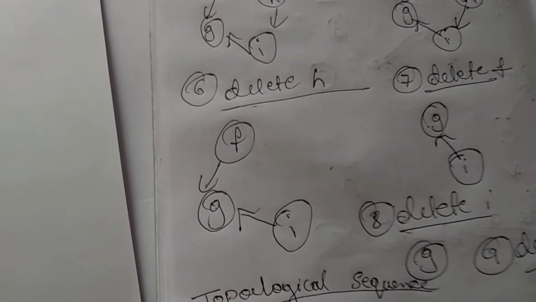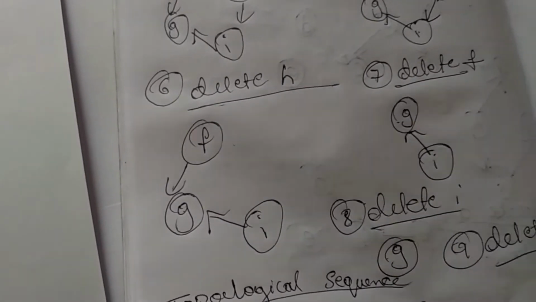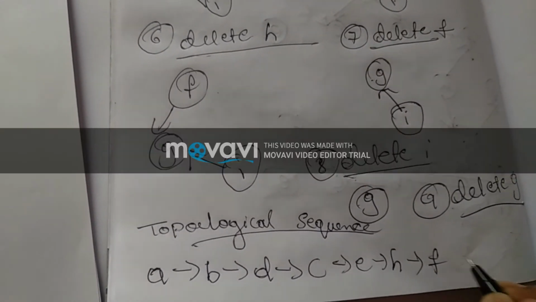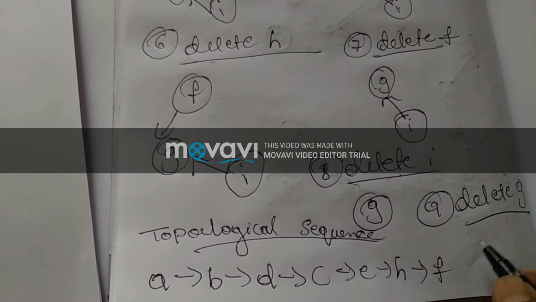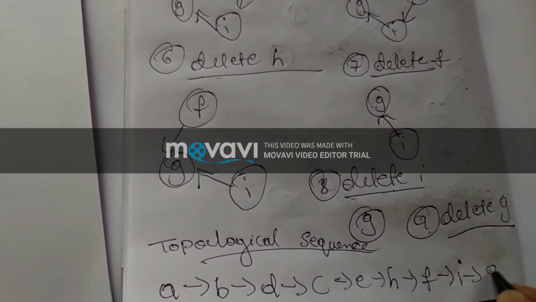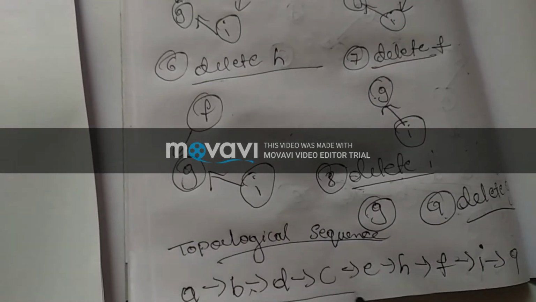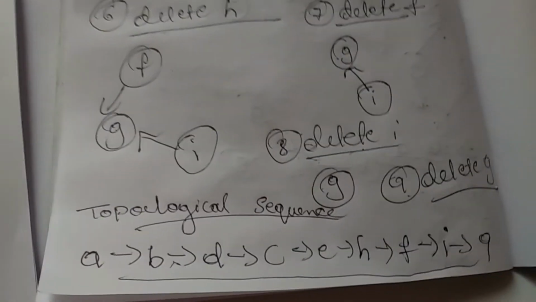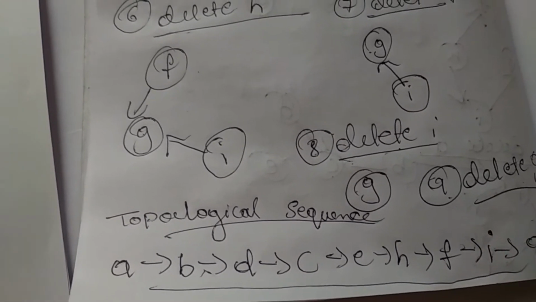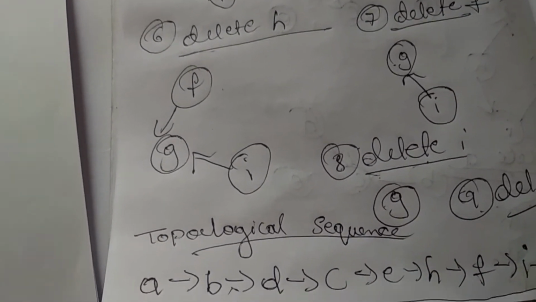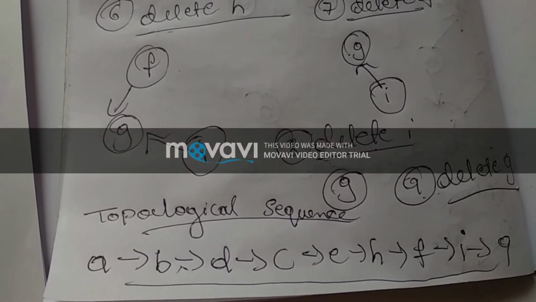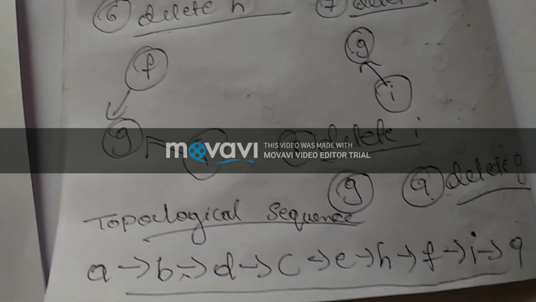It is E. Then 6th, H. Then 7th, F. 8th, it is I, and last, 9th, it is G. This is your topological sequence of the given graph using your source removal technique. Okay, this is your source removal technique for topological sorting.